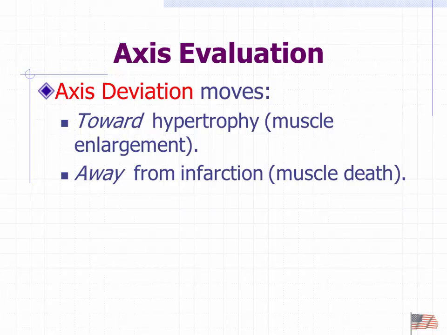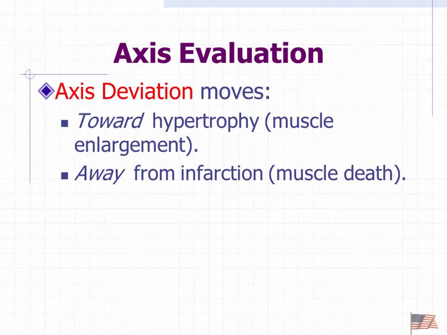Two things that you want to know, and two things that I would ask you on an exam, just saying, are the presence of hypertrophy and the presence of infarction. It moves toward hypertrophy.